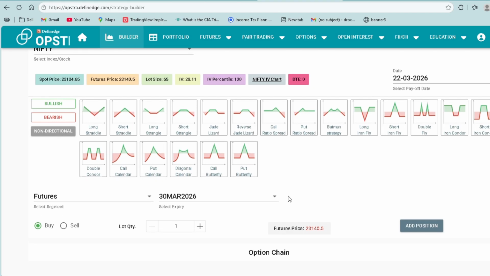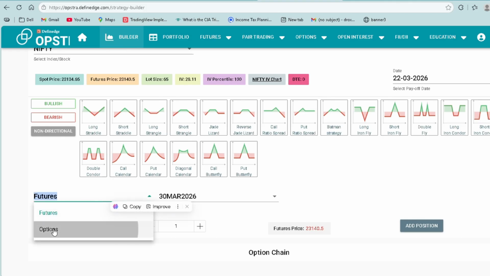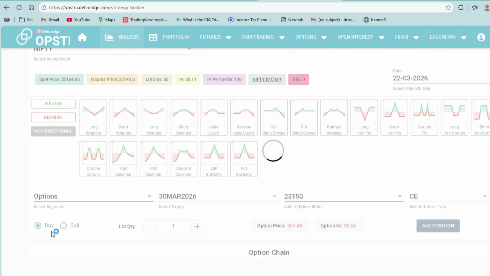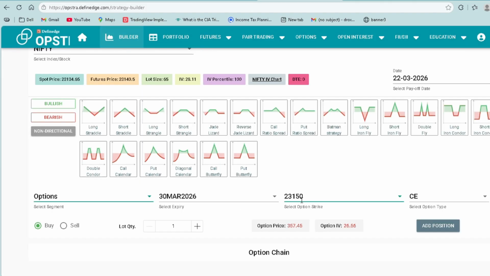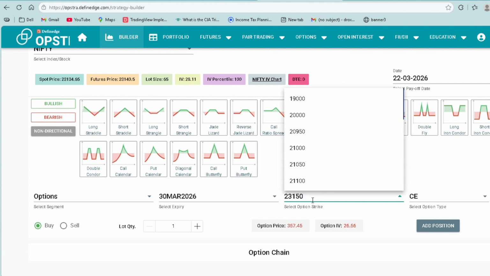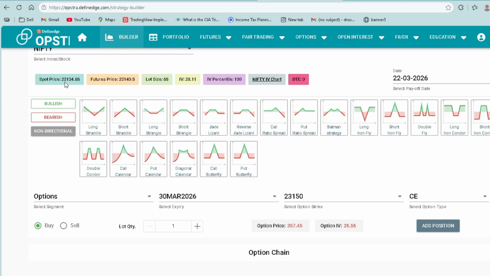Let's try here. This is future. Let's choose option. Let's choose this 30 March expiry and see, market is going on at 23,134.